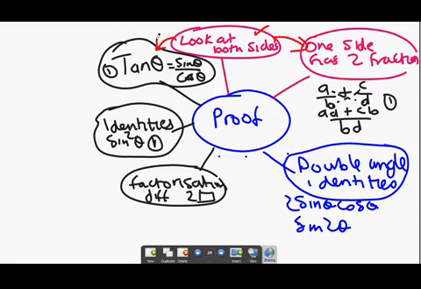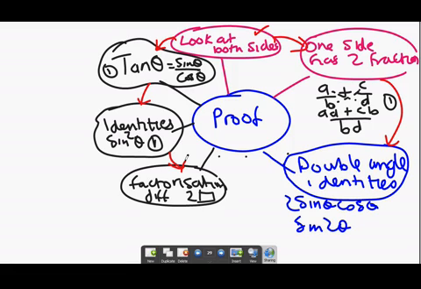If one side has got tan, change that tan to get at least 1 mark. And then I'm checking to see, can I apply my identities? And then from my identities, can I do my factorization?